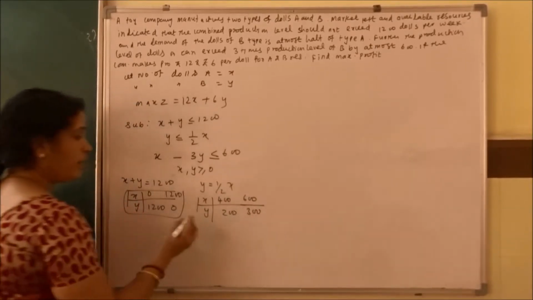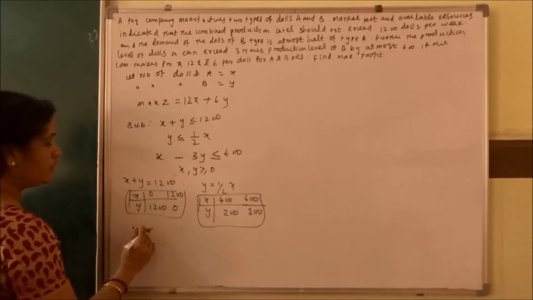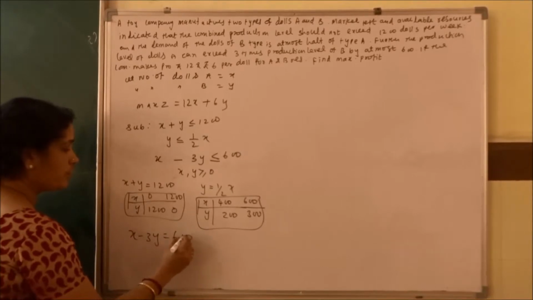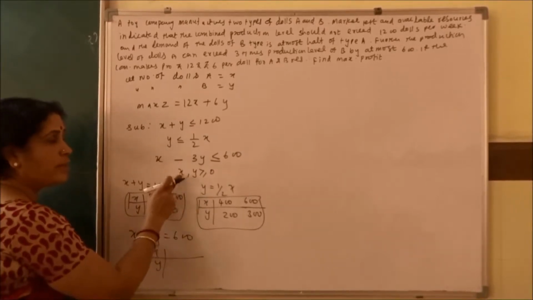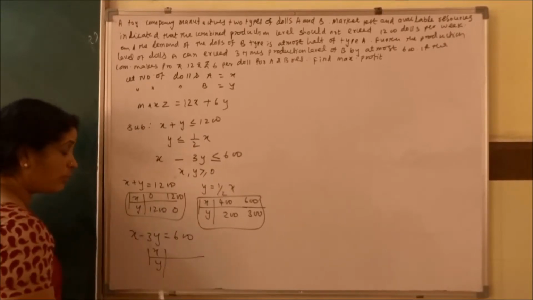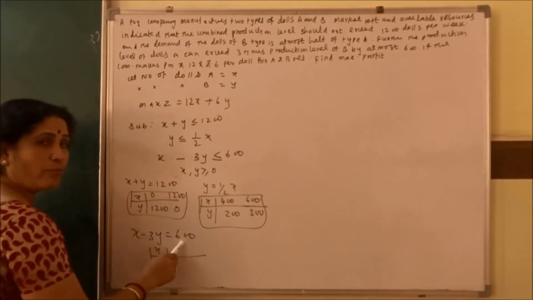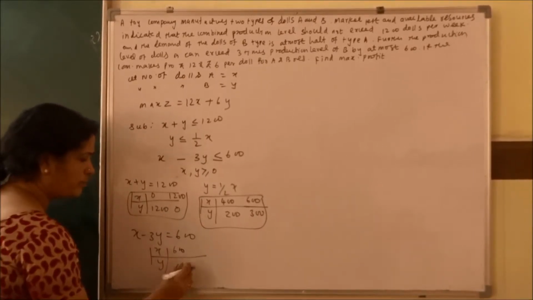Clear? Okay. Now next another one, x minus 3y equal to 600. Keep one thing in mind: you are writing x comma y greater than or equal to 0, so you cannot take x as 0, because then you will get a negative value of y. So x has to be at minimum 600.